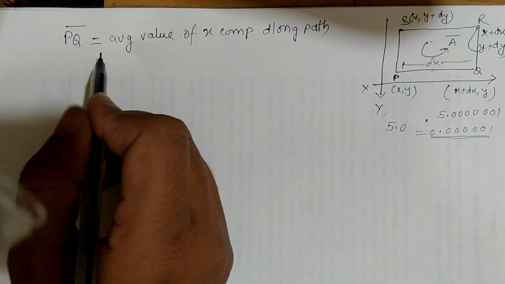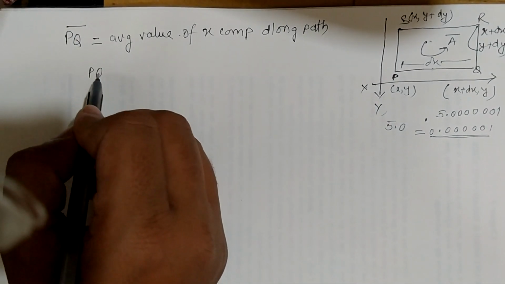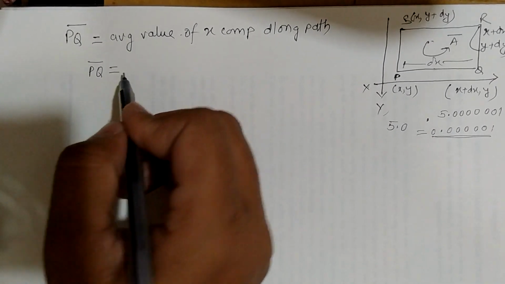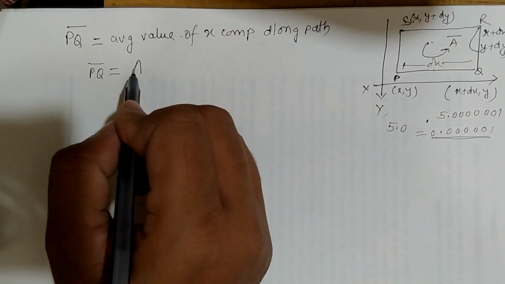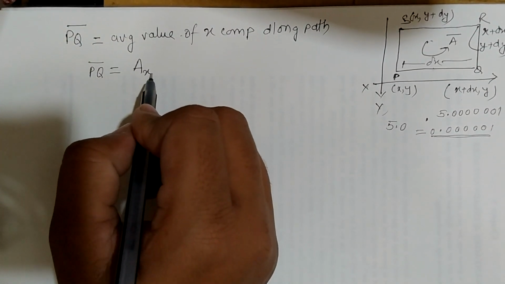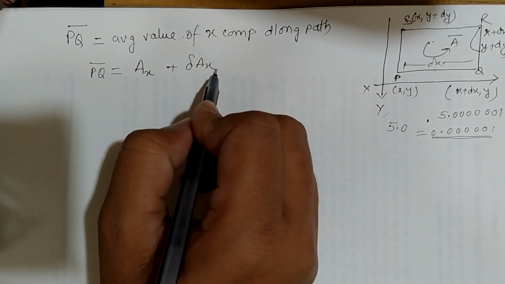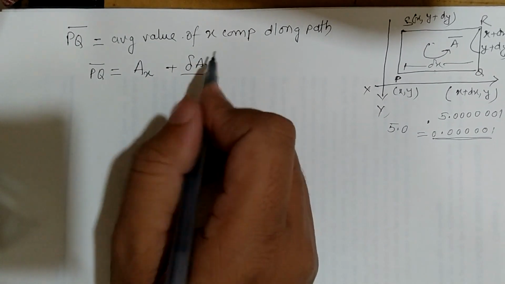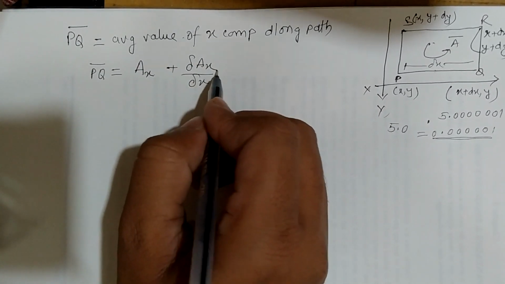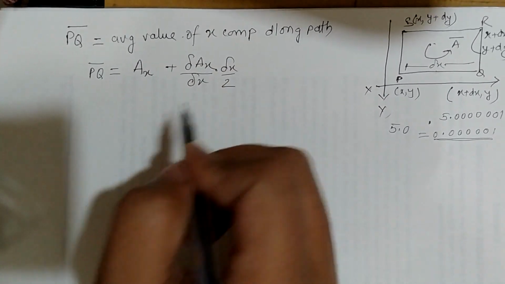And therefore we can say that PQ bar will be equal to Ax, that is the component along x, plus delta of Ax divided by delta x by 2.